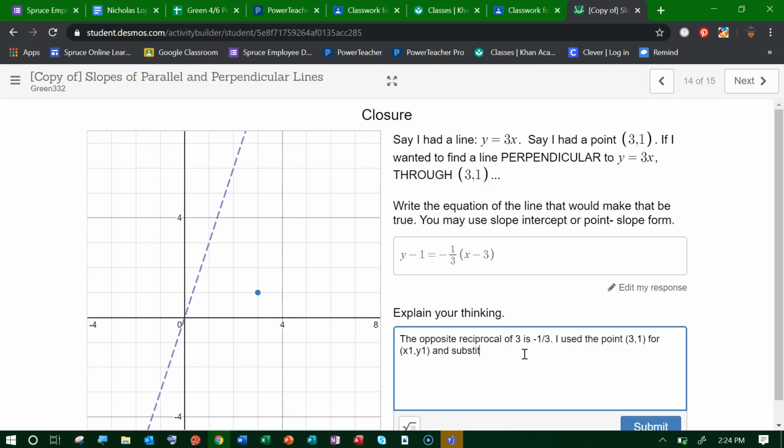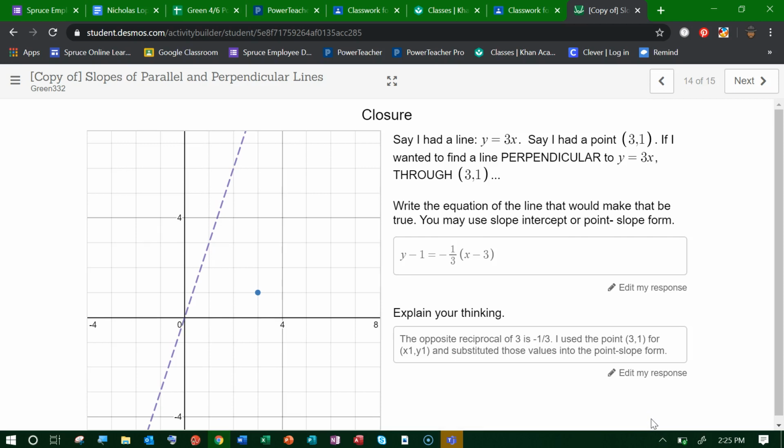Substituted, how do I spell that word? Substituted. All right, this goes into the point-slope form. And that was the whole assignment there.